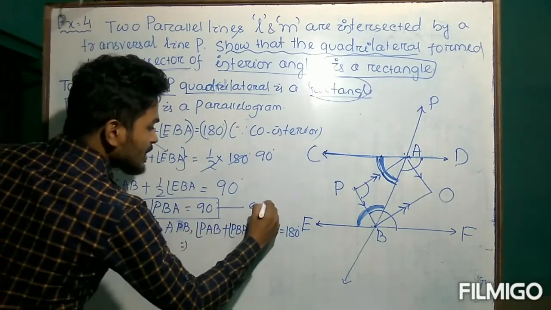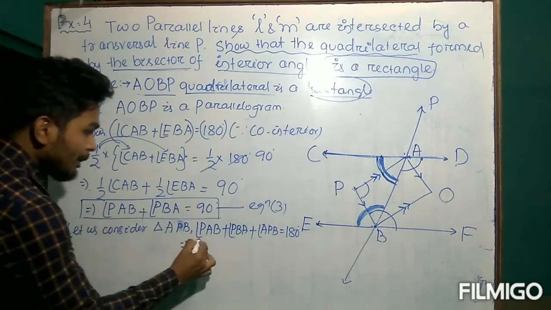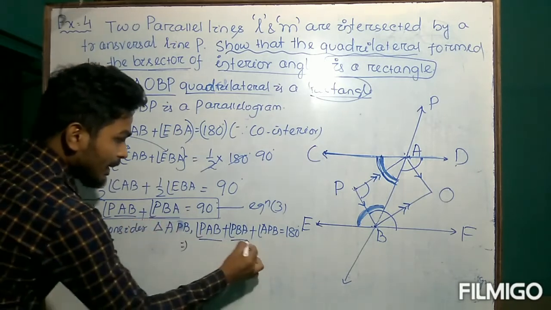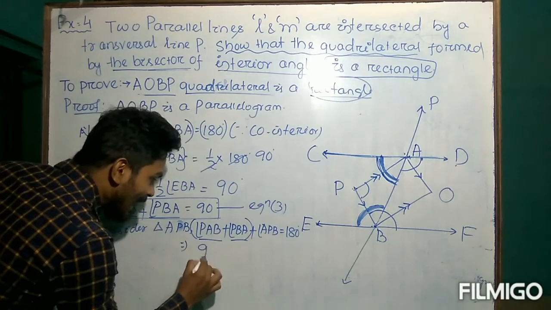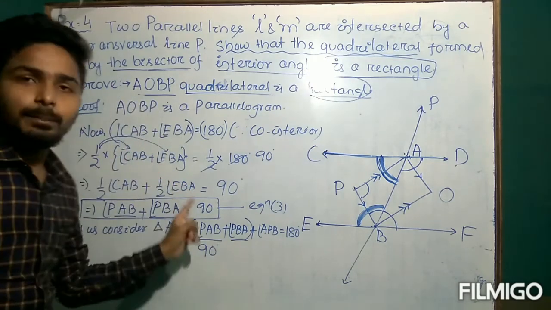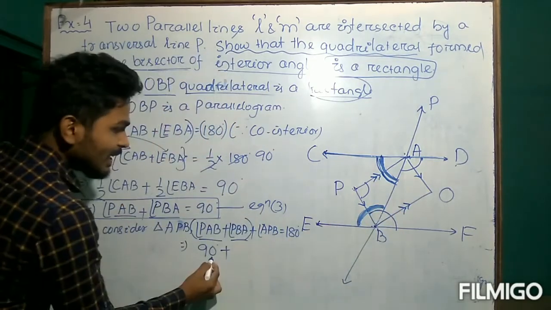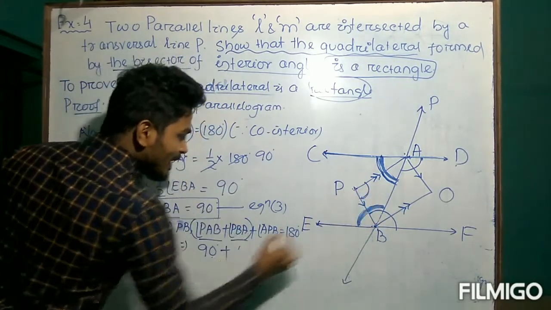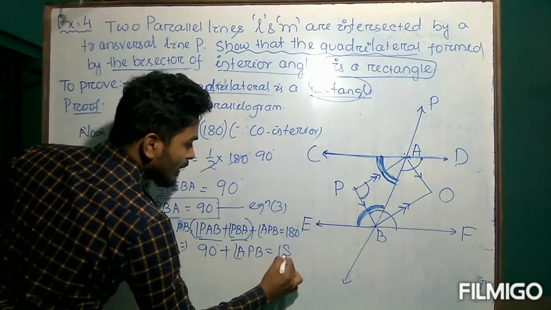Already in equation number 3 we know PAB plus PBA is equal to 90 degrees. So in this place we can write 90 degrees because we have already proved it. Plus what is remaining? This angle APB is remaining, equal to 180 degrees.